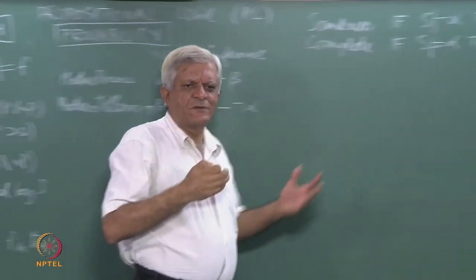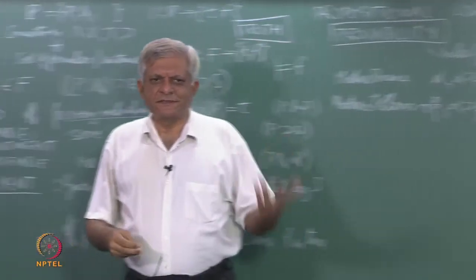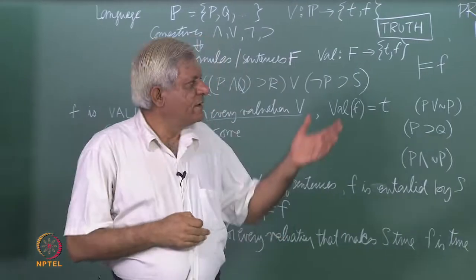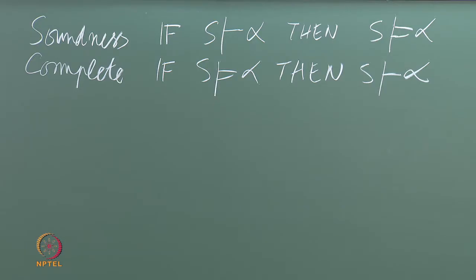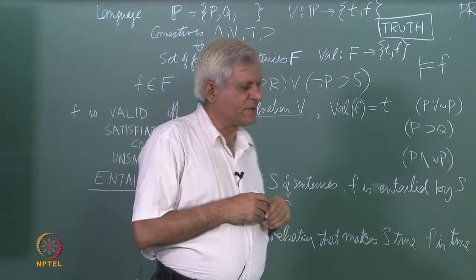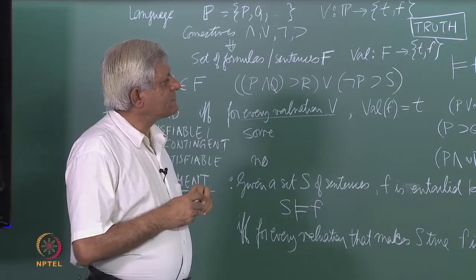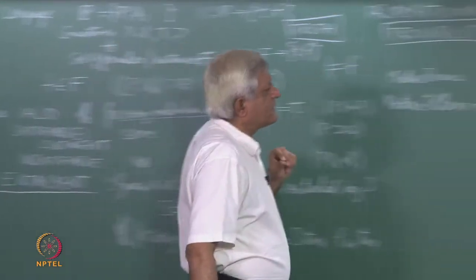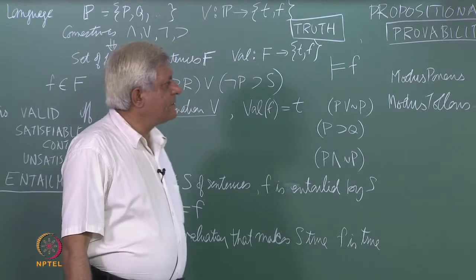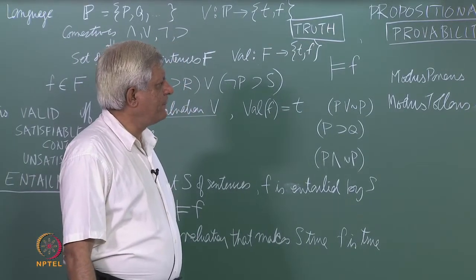Observe that these also look like sentences in a logic, but this is a slightly different logic in which we can talk about sentences like S derives alpha or S entails alpha, which of course has to be in some different logic essentially, not in propositional logic. So, the question we want to ask is, when is a rule of inference sound essentially?